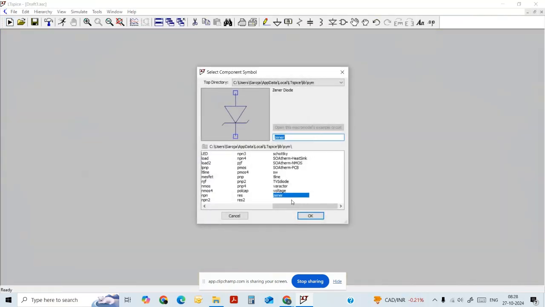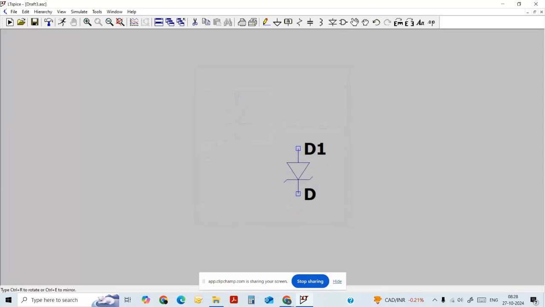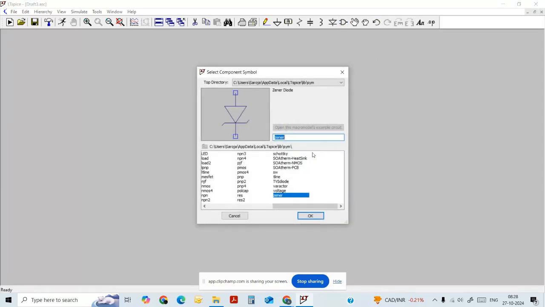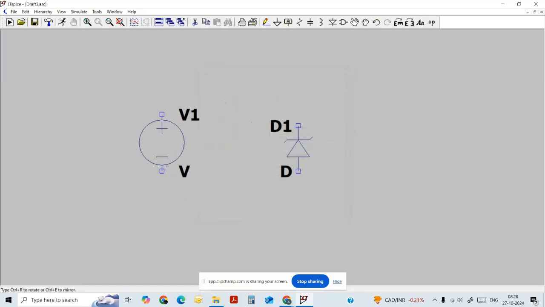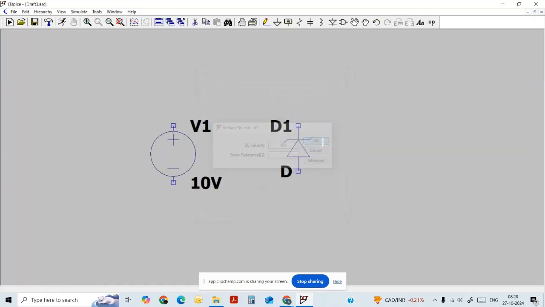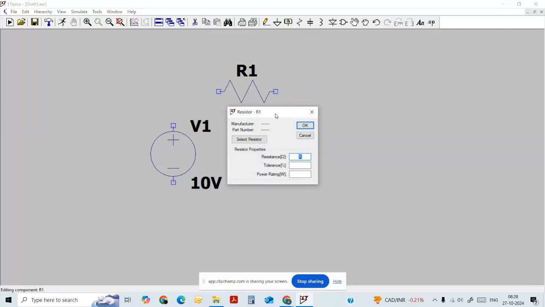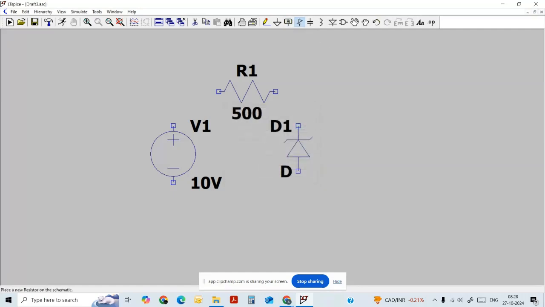Here I am considering the Zener diode and the source voltage as, say, 10 volt and the series resistance as 500 ohm, and we have to find the minimum and maximum load resistance.